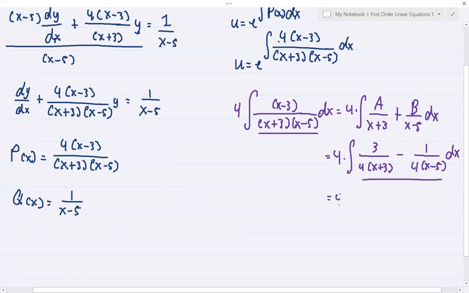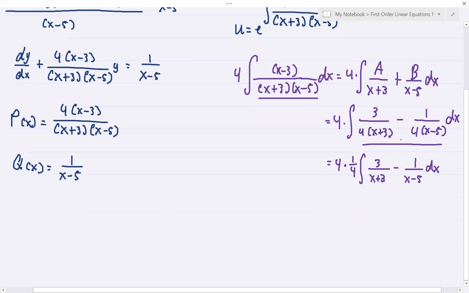So I will have 4 times 1/4 times the integral of 3 all over x plus 3 minus 1 all over x minus 5. Why did I do that? Because as you can see, on the first term and the second term, their greatest common factor is 1/4. So I bring out 1/4 and we have this one.